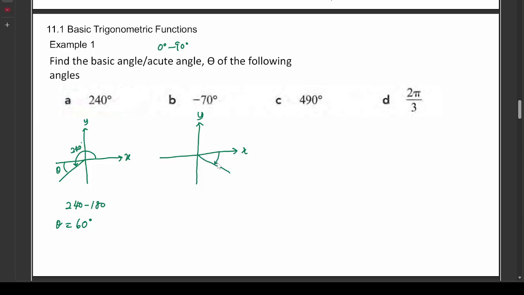This is basically 70 degrees, and our basic angle is again measured from the terminal side to the x-axis. So it's also 70 degrees. My theta or basic angle is 70 degrees. Remember, a basic angle is a magnitude. There's no positive or negative.